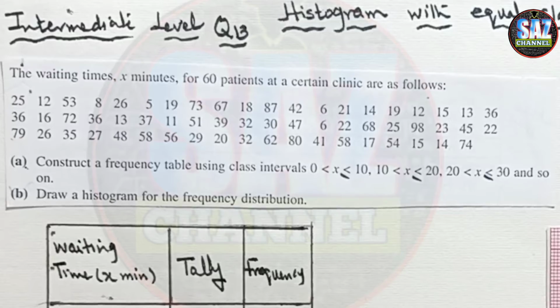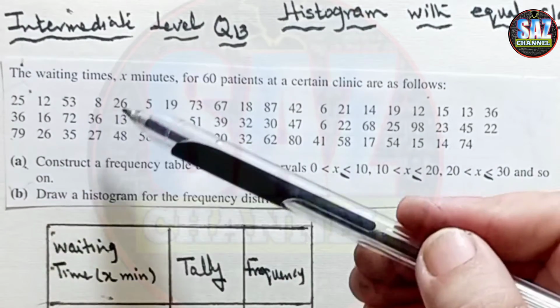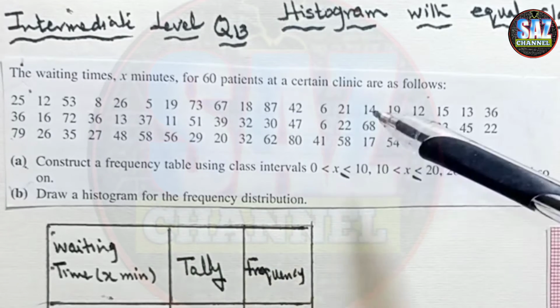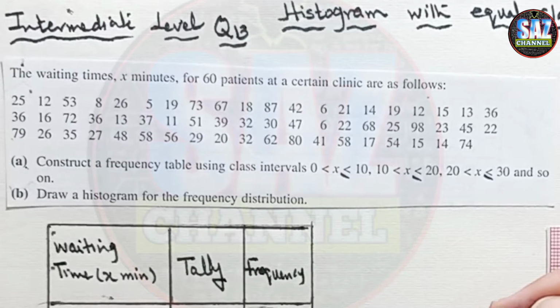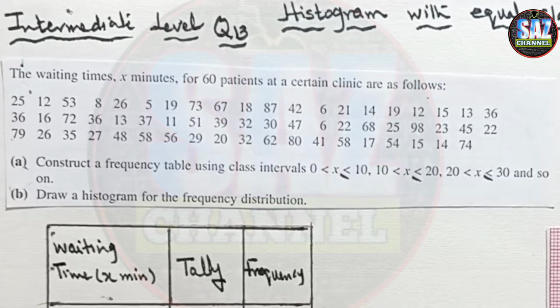And then we have to move in the data and see one by one which numbers are coming in each class, and mark the strokes which are called the tallies in front of each class, and then turn that in form of the frequency, and then the frequency table will be complete. As the procedure was long, I've done some of the working already.